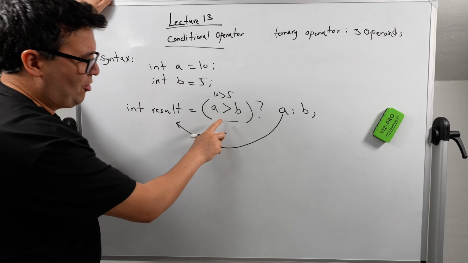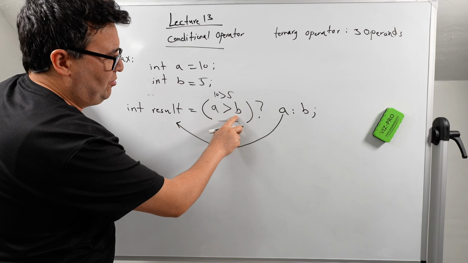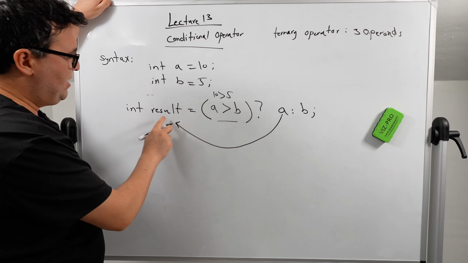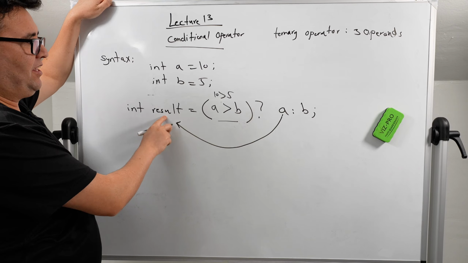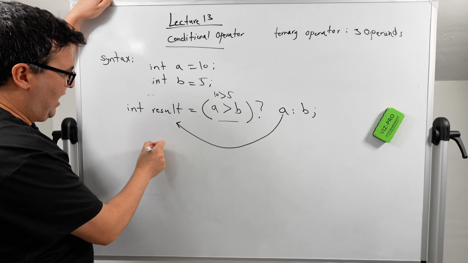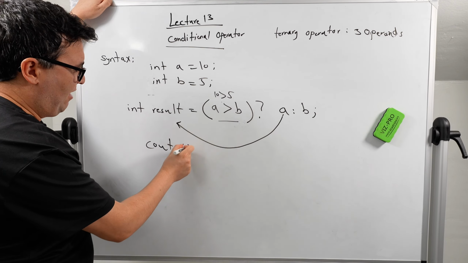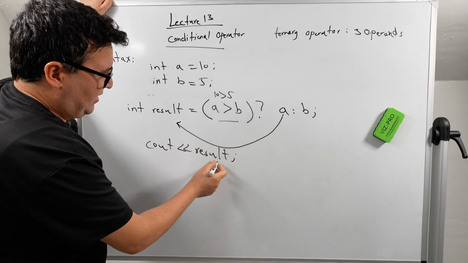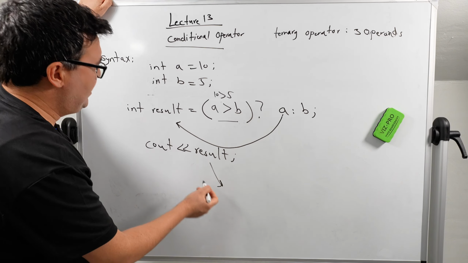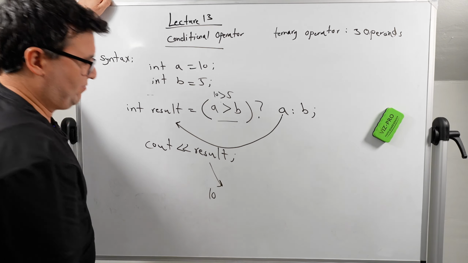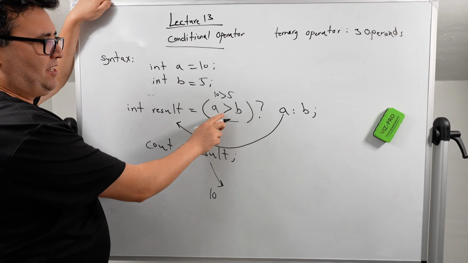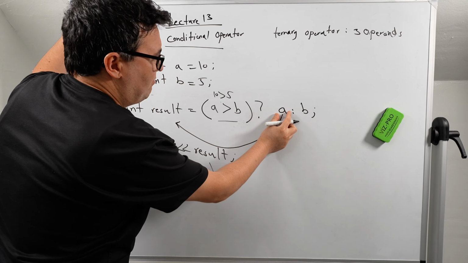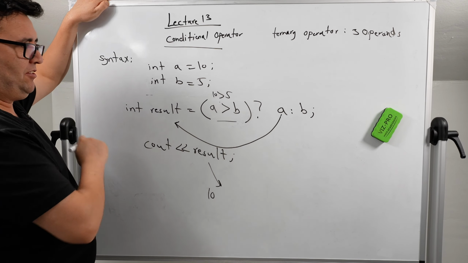Because the condition is true, the value of our first expression, which is a, will be stored inside the result, which is 10. If we print out the result, the output will be 10, because the condition is true.